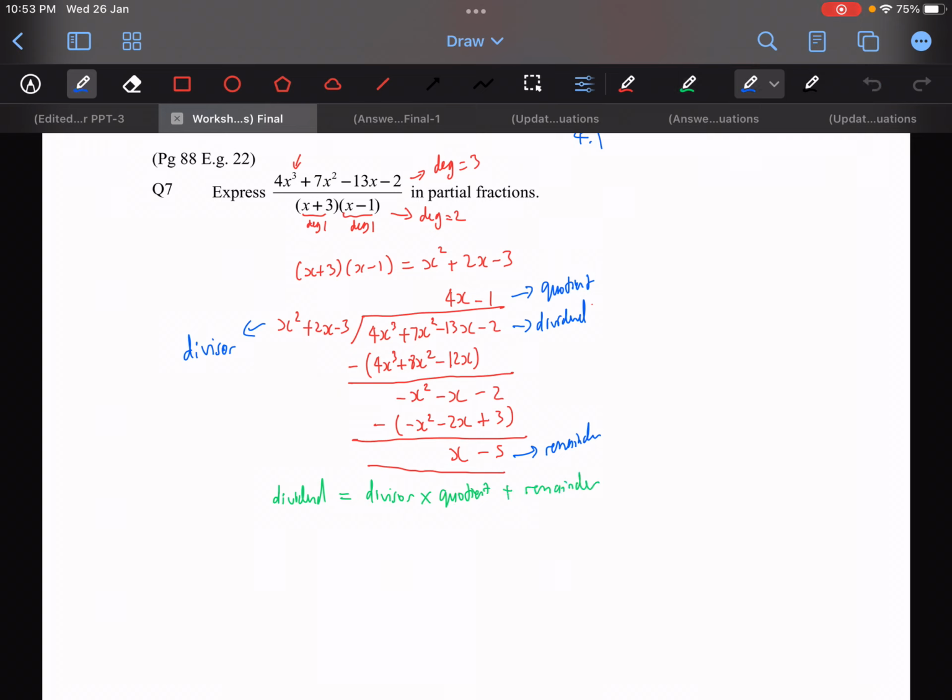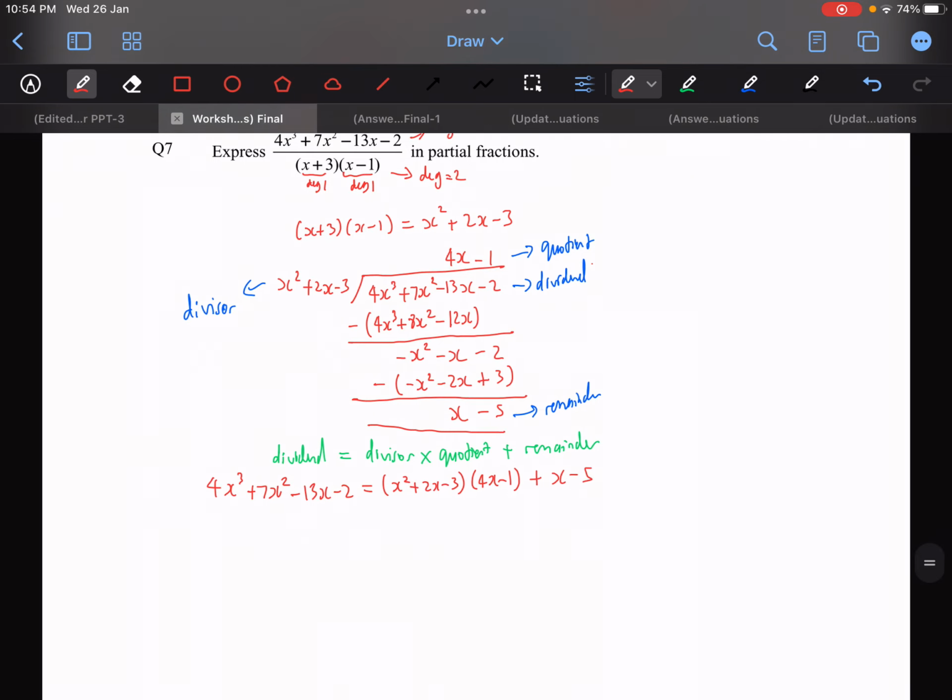Okay, so let's just put them in there. So we have 4x cubed plus 7x squared minus 13x minus 2 equals x squared plus 2x minus 3 multiplied by your quotient, which is 4x minus 1, and then plus the remainder, which is x minus 5.